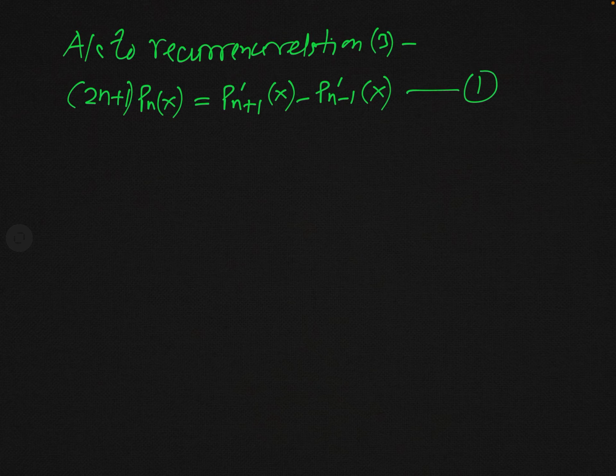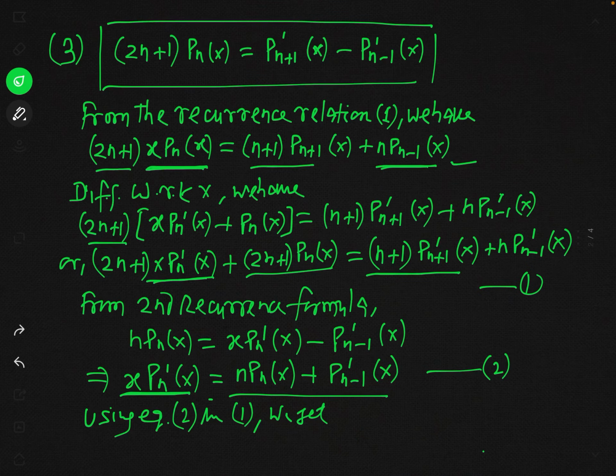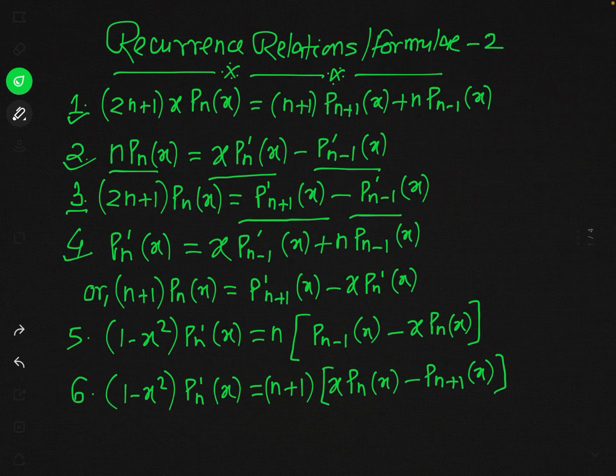Now you have seen again the second recurrence formula, which we have mentioned here, and from this second recurrence formula we can find the value of x Pn prime of x. So write this second recurrence formula here.